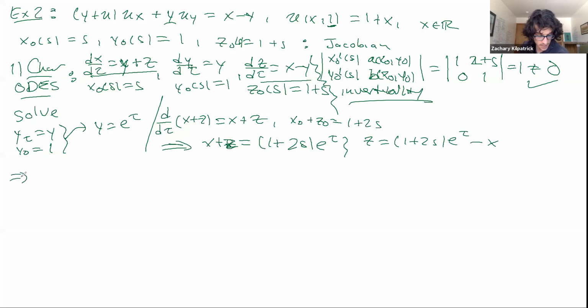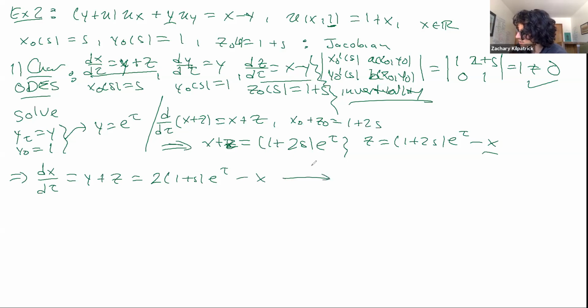So this implies that dx d tau is equal to y plus z. This is equal to then 2 times 1 plus s e to the tau, because I just added together the y and the z solution, and then don't forget about the minus x term here, okay?